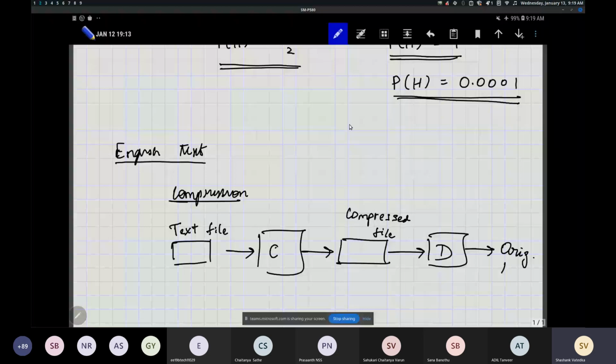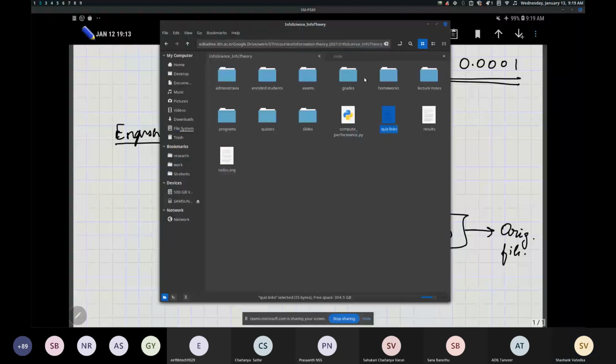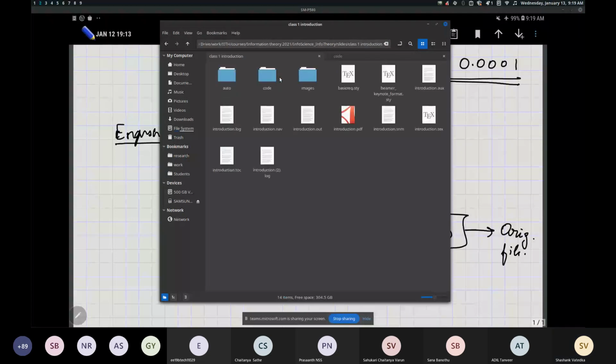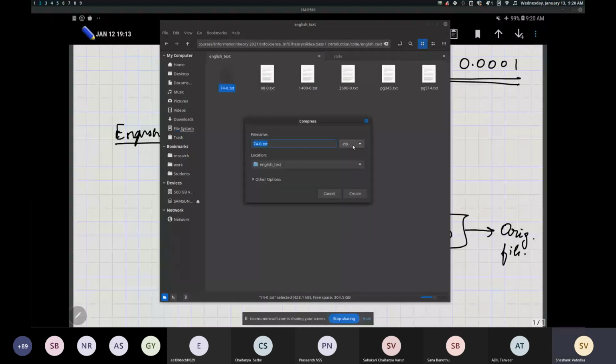Right? And this is what we do. For example, if I take a particular text file and I try to compress it, there are a number of compression algorithms, but I compress it, I get a file.